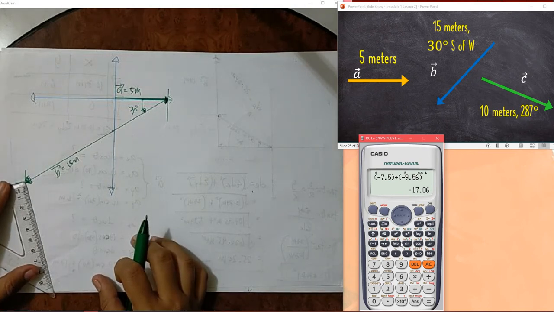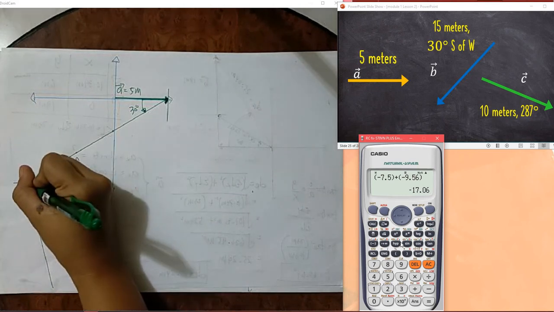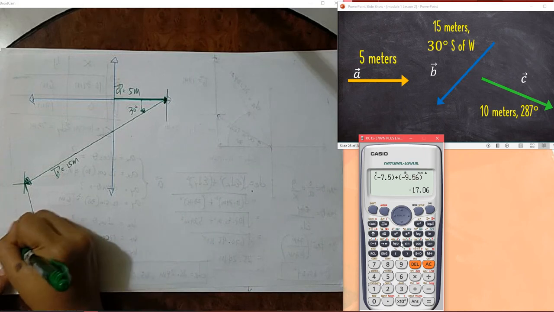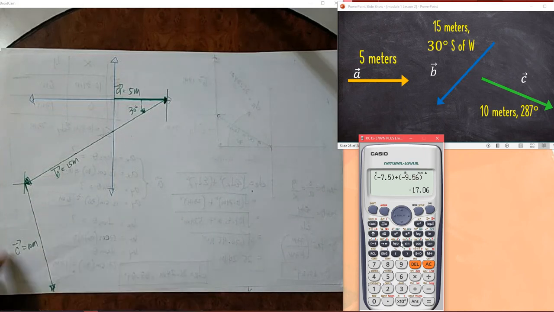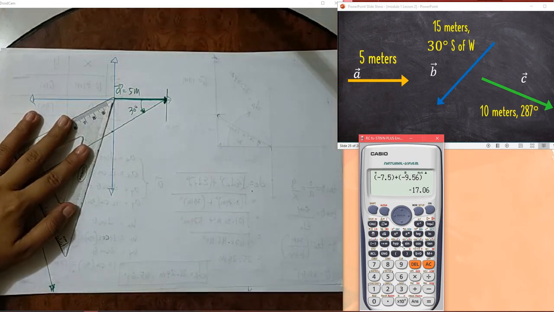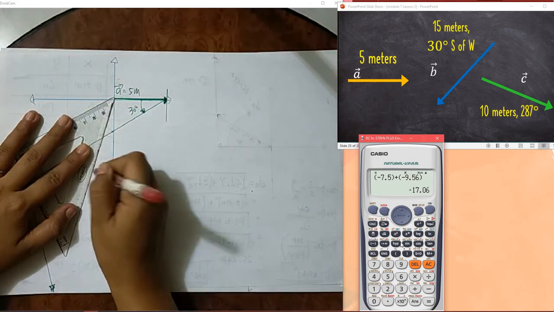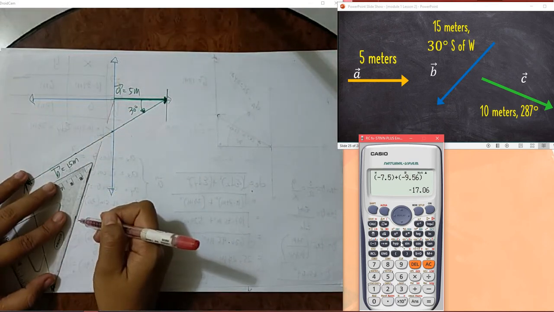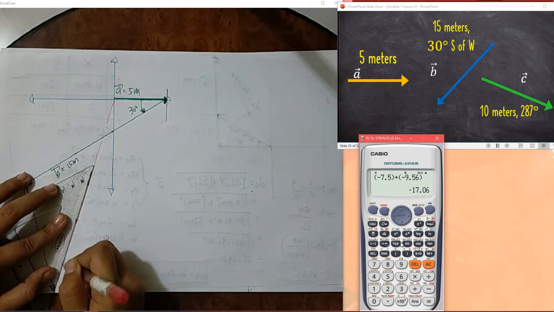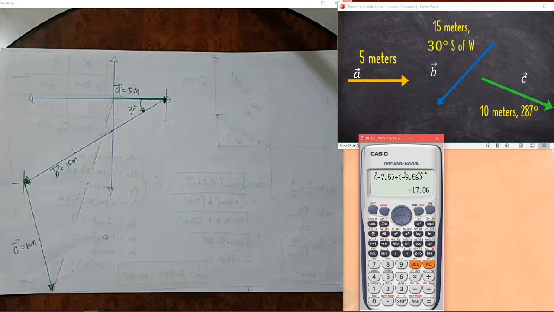And this is for our vector C. This is 10 meters. Okay, so here we will put our resultant vector. This is for the resultant vector. I'm going to use broken lines to better distinguish our resultant vector.